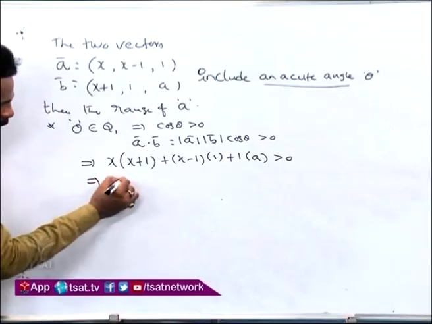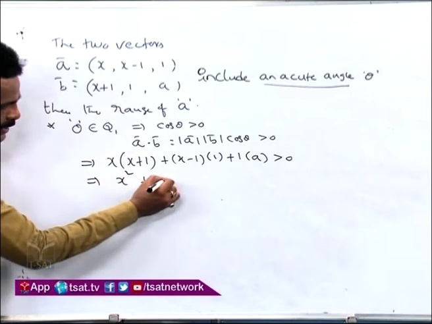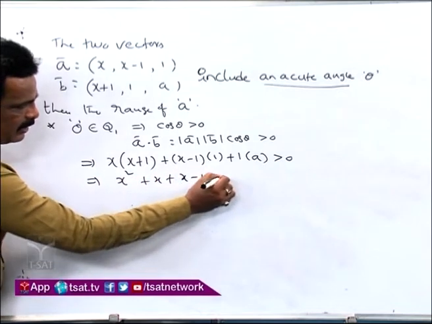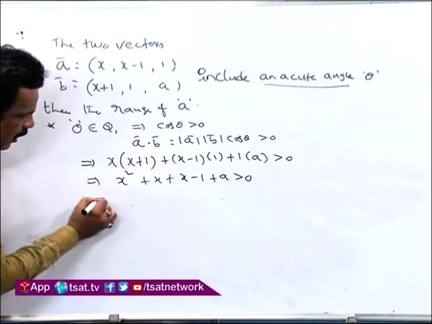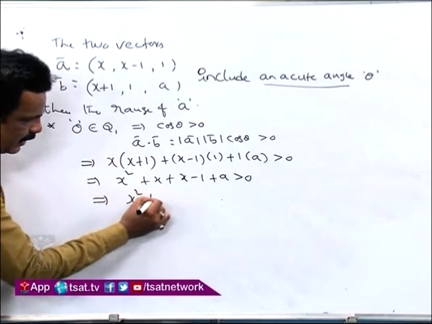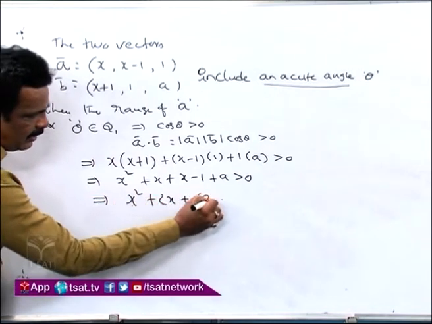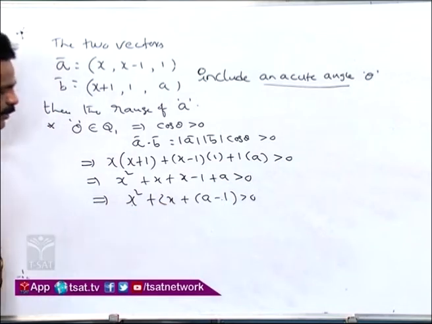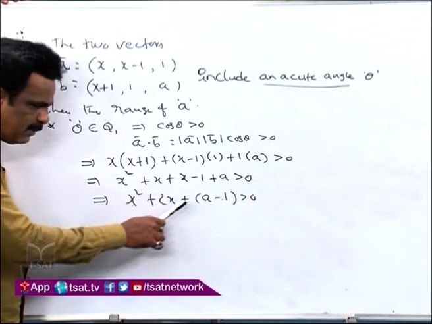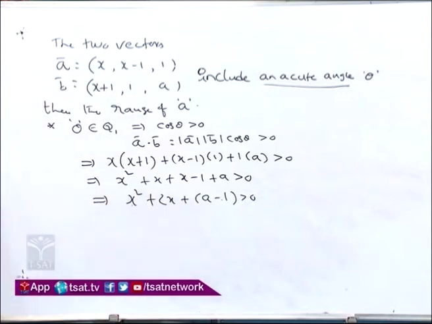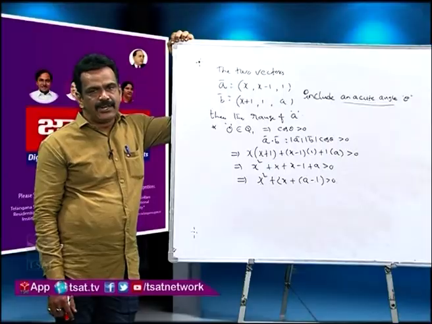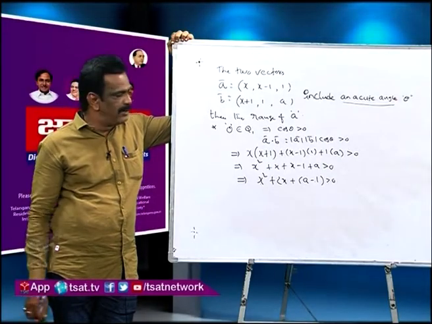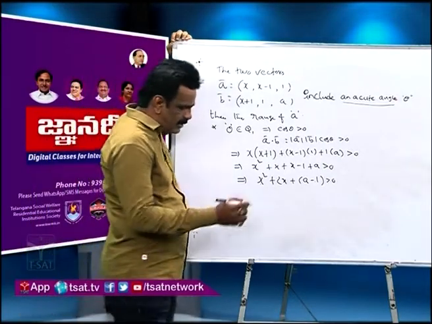From that, x square plus x plus x minus 1 plus a must be positive, or we can say x square plus 2x plus a minus 1 is positive. So x square plus 2x plus a minus 1 appears as a quadratic expression on the left hand side. So we came across quadratic expressions while discussing the problem based on vectors. Again you come across the concept here.